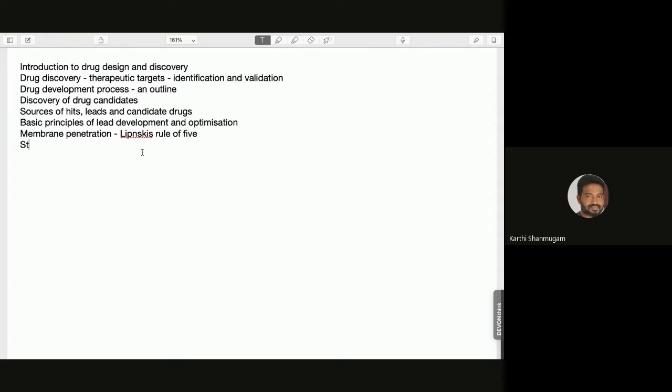Next topic is stereochemistry and their importance. Okay, so these are the topics given in the syllabus in the first unit, right?